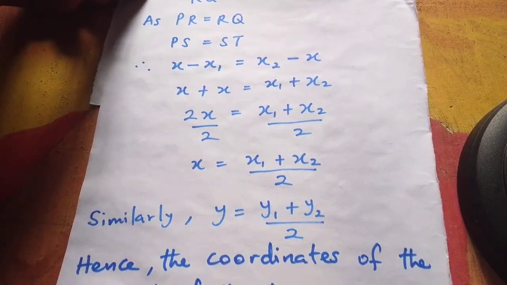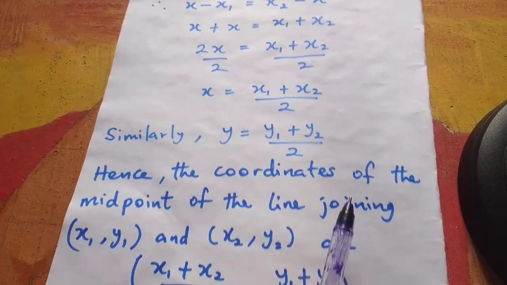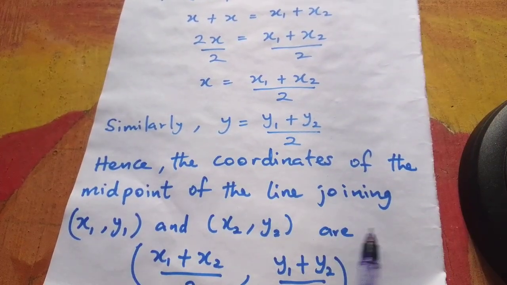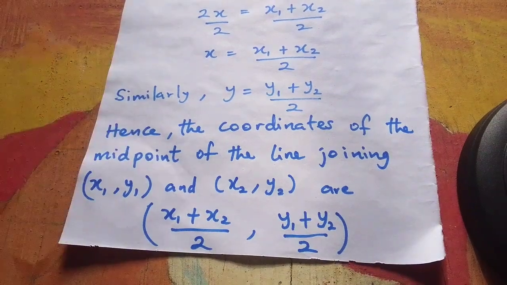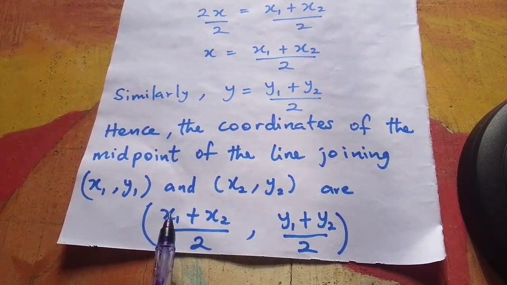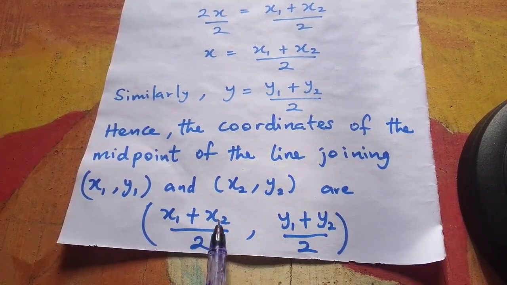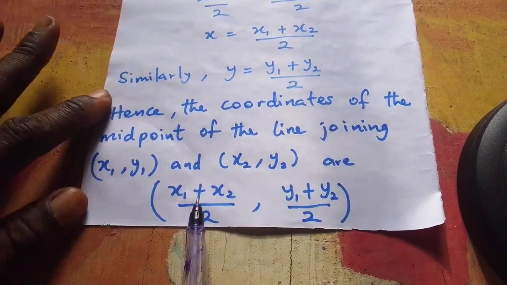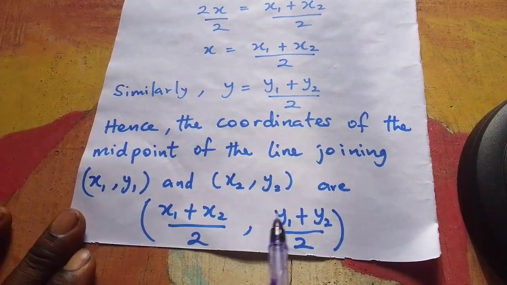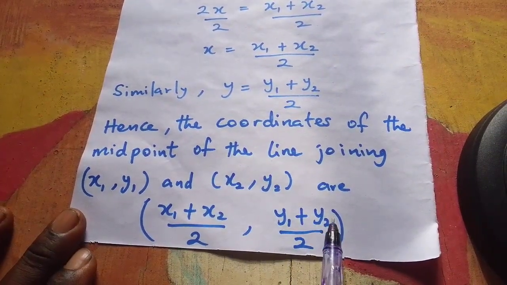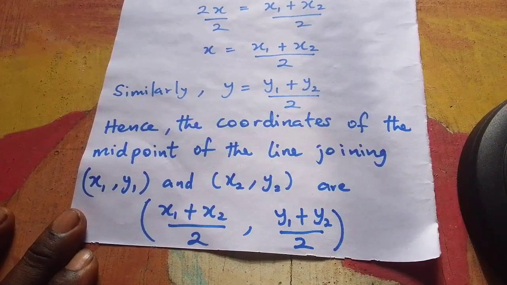So what I just want to establish here is that to get the midpoint of a line segment, the coordinate will be x1 plus x2 divided by 2 to get the value for x, and y1 plus y2 divided by 2 to get the value for y.